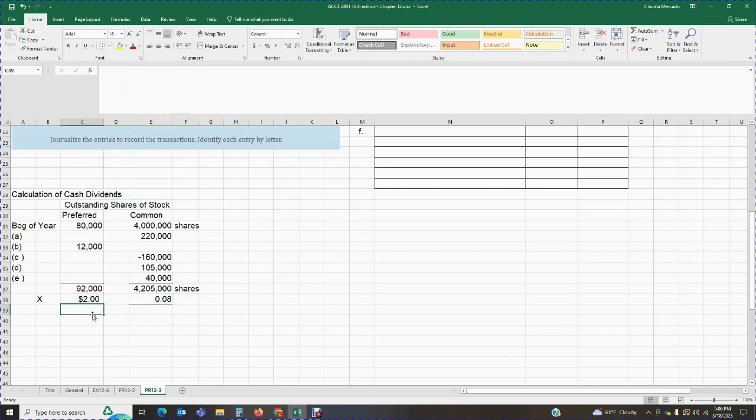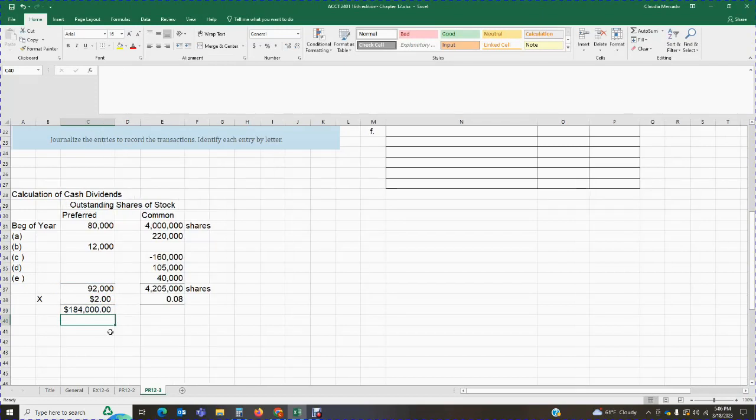So we get our 92,000 shares times our $2. That's going to give me $184,000 for preferred. And then we're going to get our 4,205,000 times our 0.08.